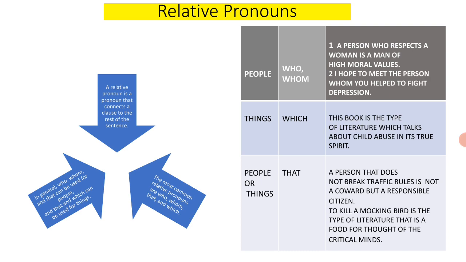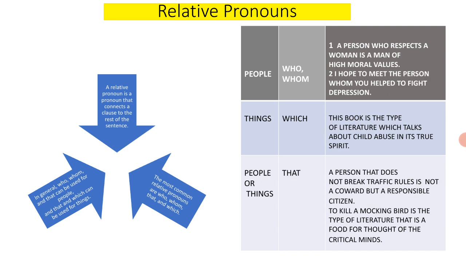For our better understanding, we can say that they act as conjunctions because they are used to connect a clause to the sentence, or we can also say that they act as joining words. So there are 4 relative pronouns, namely who, whom, which and that. I'm sorry, I'm very bad with numbers.